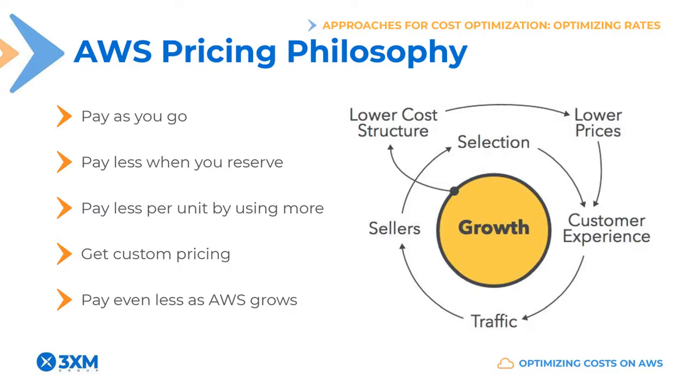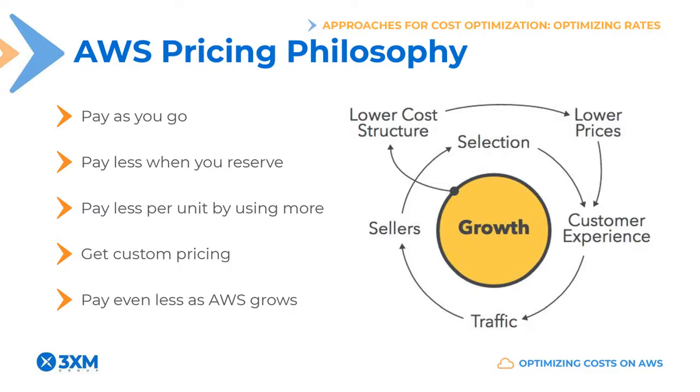One other way you can save money is by using more. Well, obviously that's not actually a choice. At a certain scale, you will get what is called volume discounts. For example, for storage and data transfer, pricing is tiered. The more you use, the less you pay per gigabyte. And you can also get volume discounts for compute instance reservations, for example. Then if you have a high volume project in your hands or some unusual requirements, you can always talk to AWS and get custom pricing.